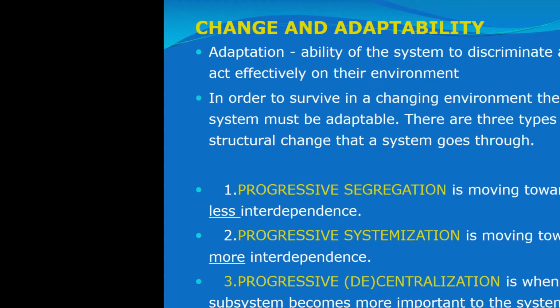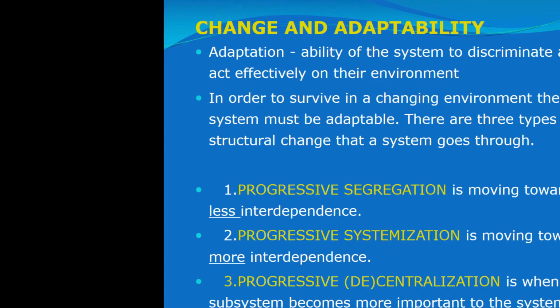Change and adaptability as a feature of systems. Adaptation is the ability of the system to discriminate and act effectively in its environment. In order to survive in a changing environment, the system must be adaptable.